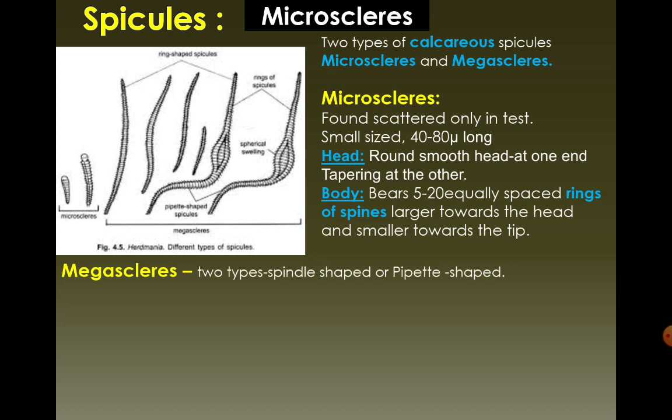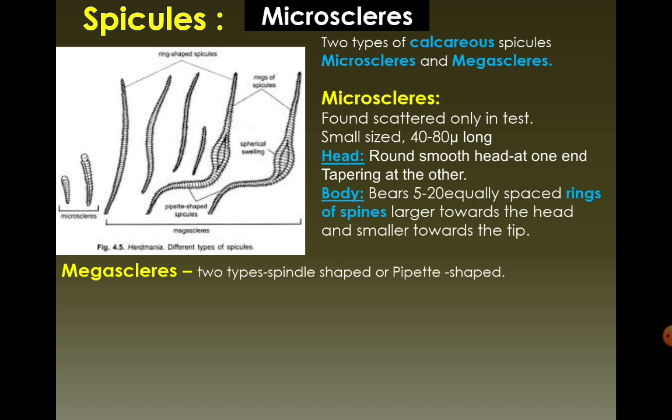Whereas the body bears 5 to 20 equally spaced rings of spines. When you observe these spicules, you can see the spines arranged in a circular pattern, so these are called rings of spines. And these rings of spines are larger towards the head and smaller towards the tip.